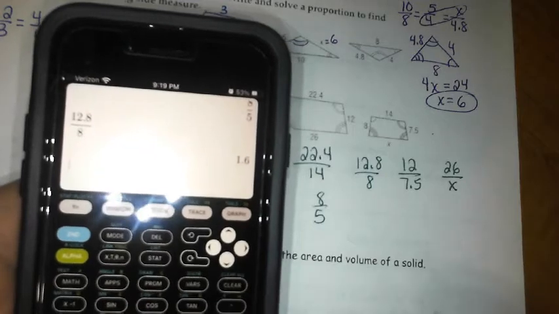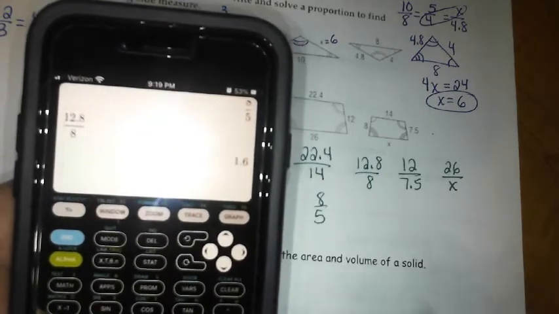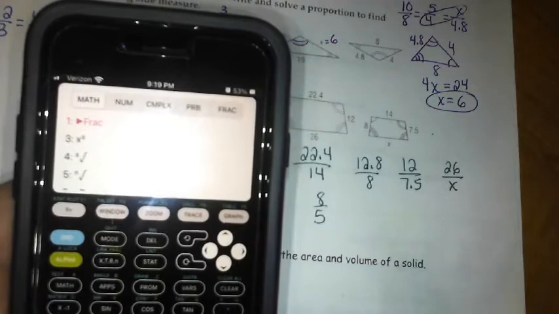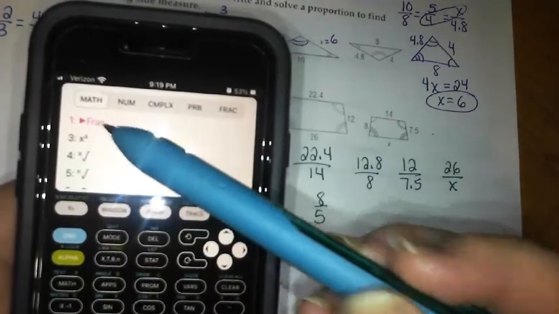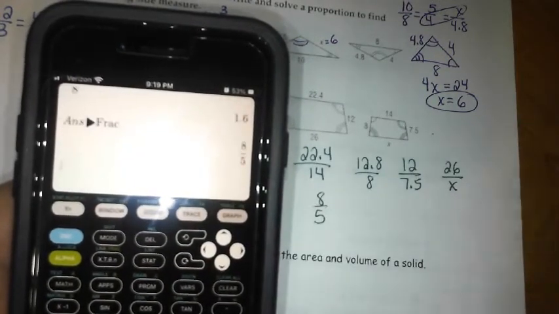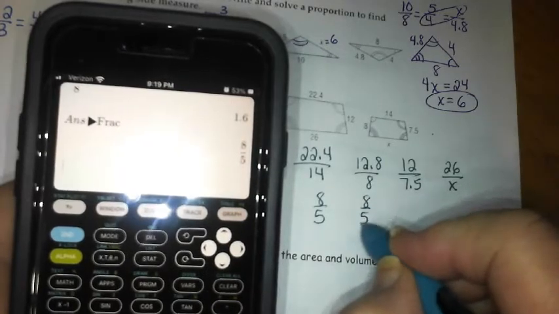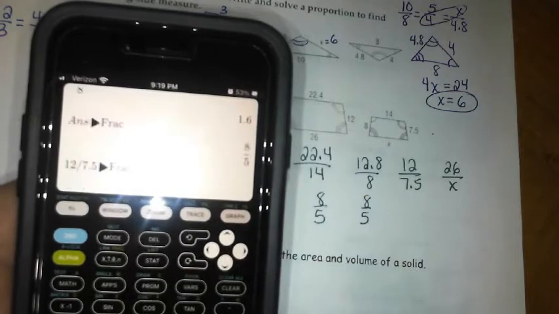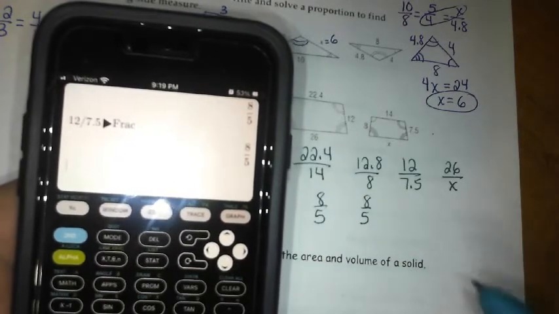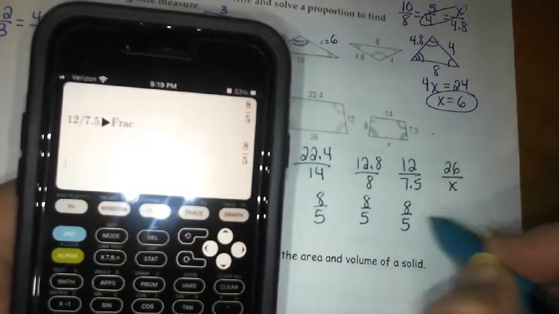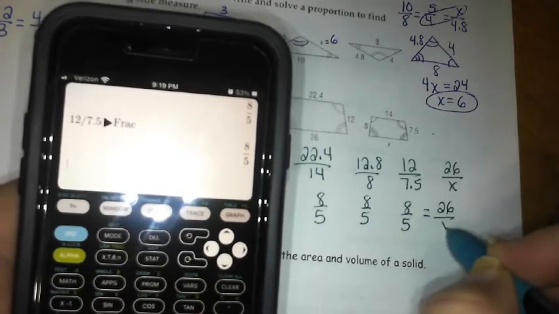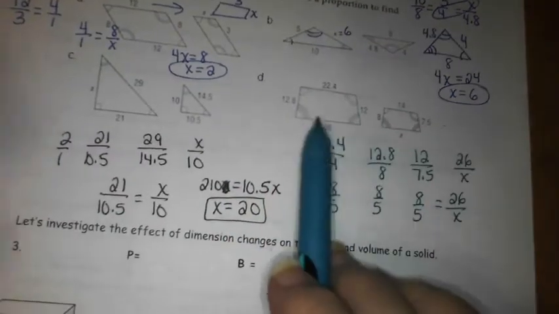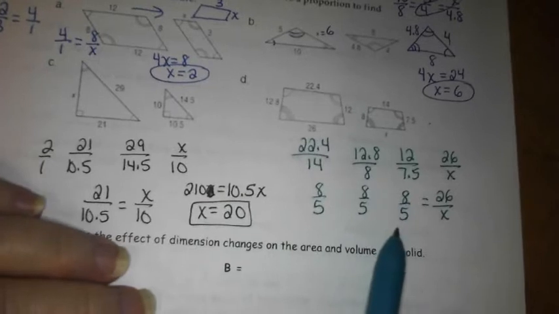Oh, see, that gave me 1.6, but I wanted it as a fraction. So I'm going to do math. See, it says change it to a fraction. Enter, enter. 8 over 5. So far, so good. 12 over 7.5. Make that a fraction. 8 over 5. So I think it's safe to say our scale factor from the big picture to the little picture is 8/5.